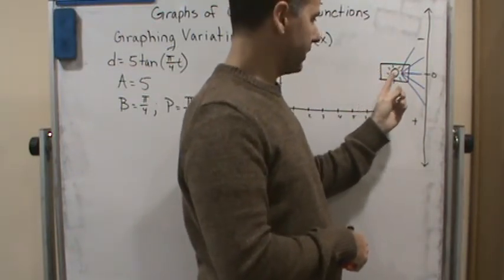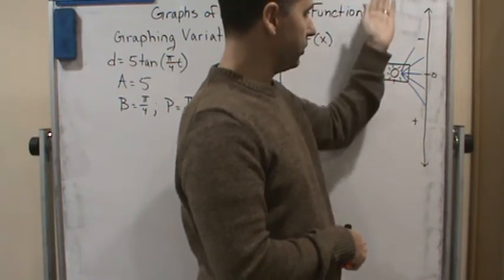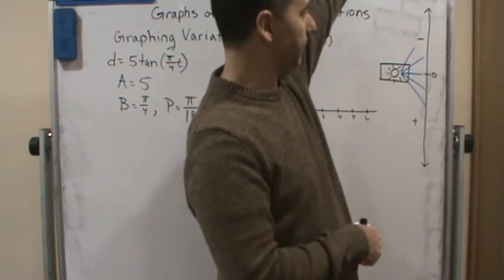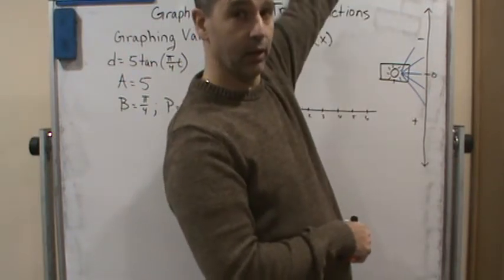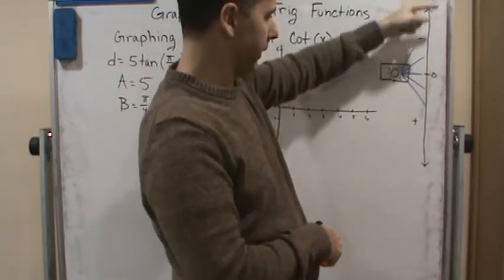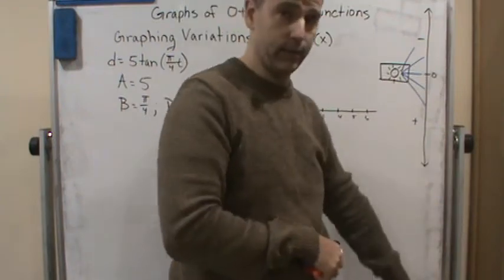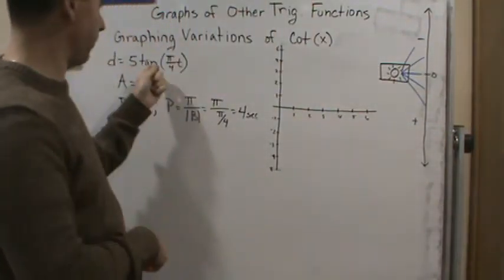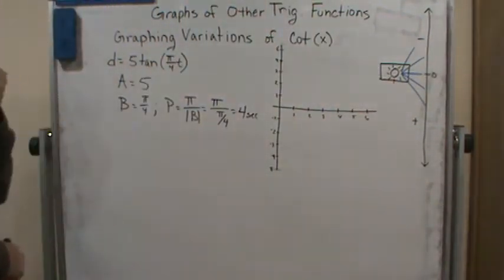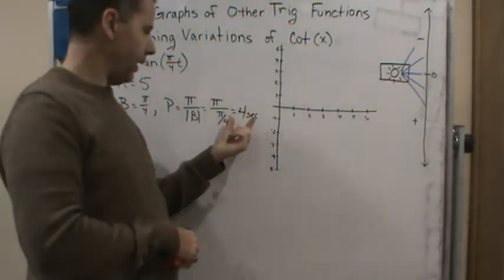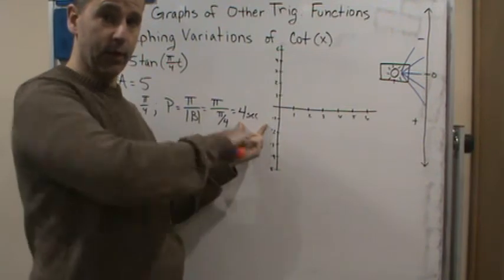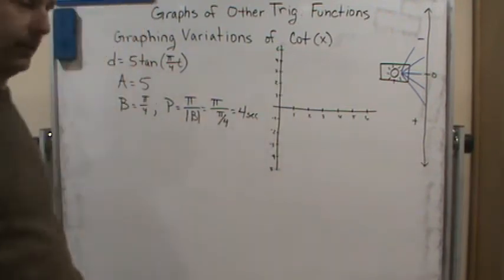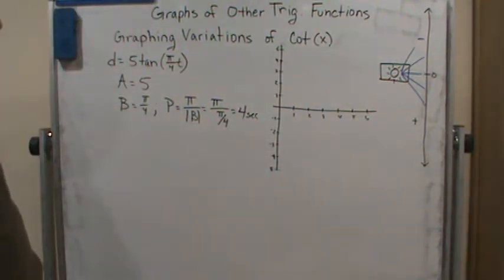Every time the police light does one revolution, the light travels from way up here, all the way down, basically going from infinity through 0 to negative infinity, which is the behavior of a tangent function. So the light is going to cross the span of the wall every 4 seconds.